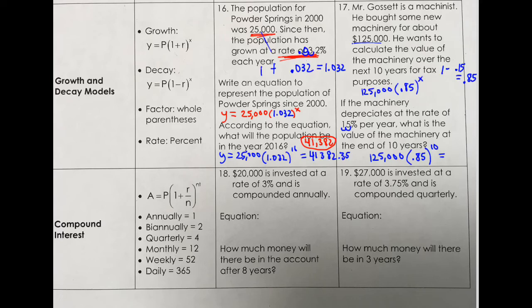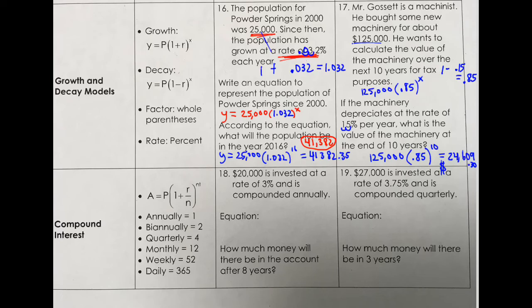Once you punch all of that in the calculator, you should get 24,609.30. And that's a dollar sign. That's how much money we should be looking at after 10 years. So $24,609.30.